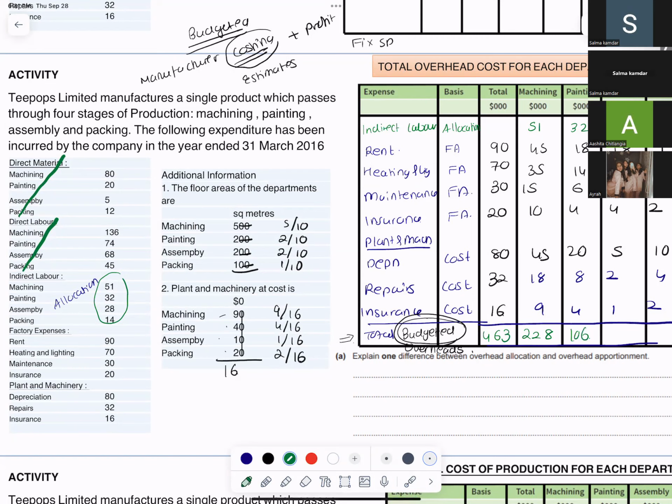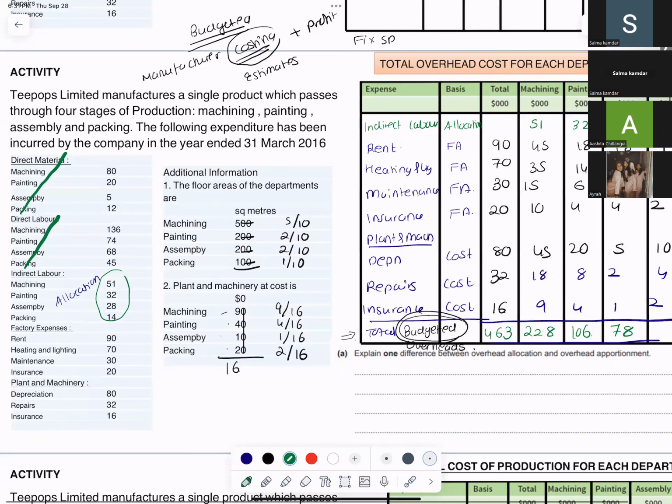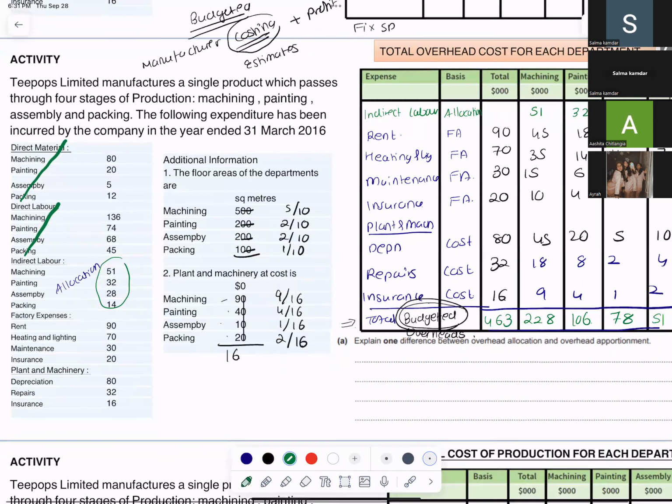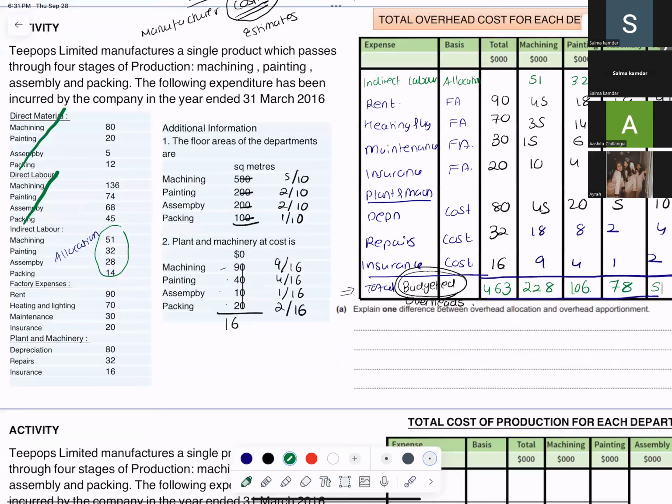Assembly total, 78. Packing total, 51. Sorry, 51, not 31. And it adds up to 463. So the calculation should add up to 463.